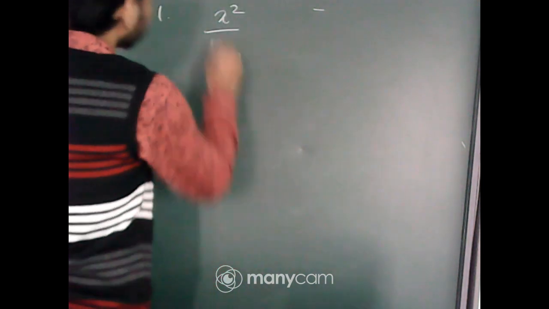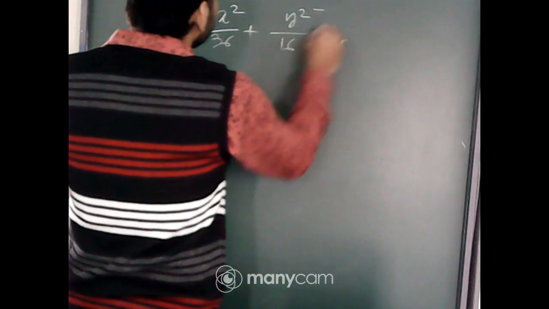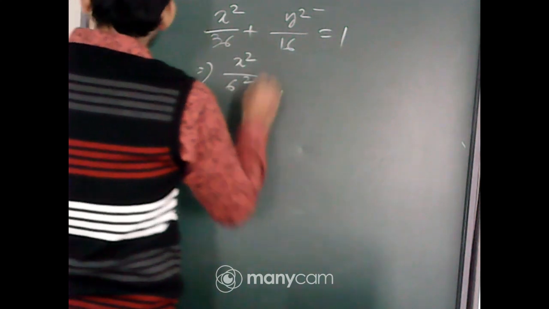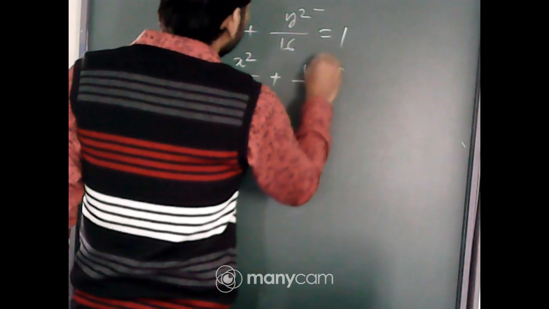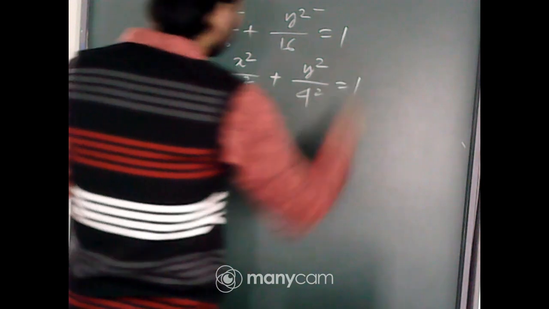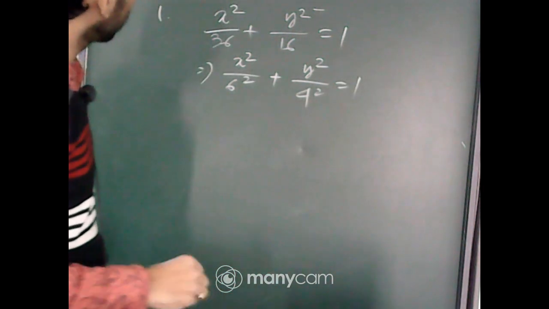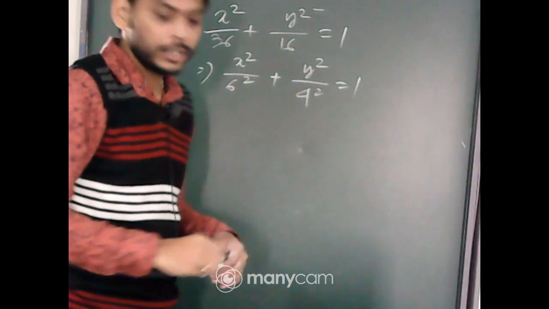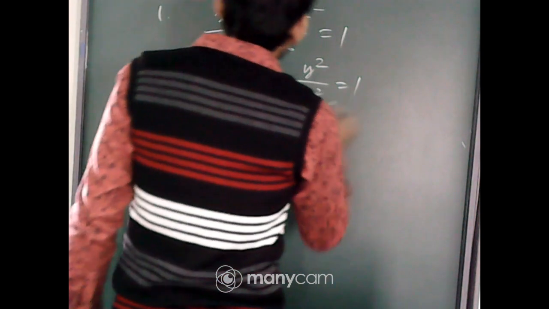Equation is given here: x square by 36 plus y square by 16 equals to 1. That means x square by 6 square plus y square by 4 square equals to 1. Here the denominator of x square, that is 36, is greater than the denominator of y square, that is 16.